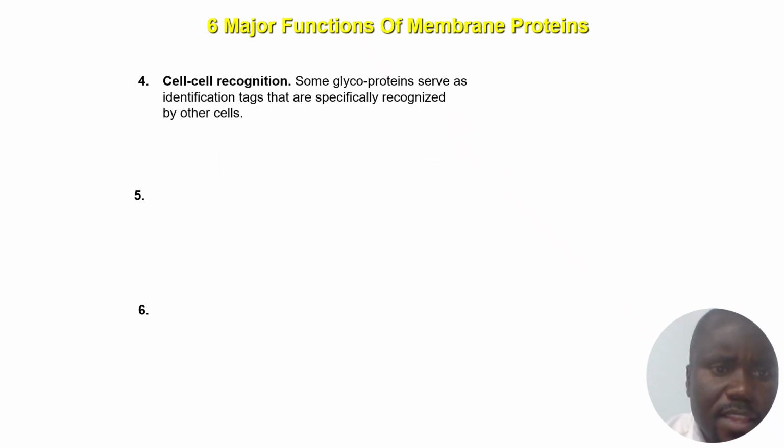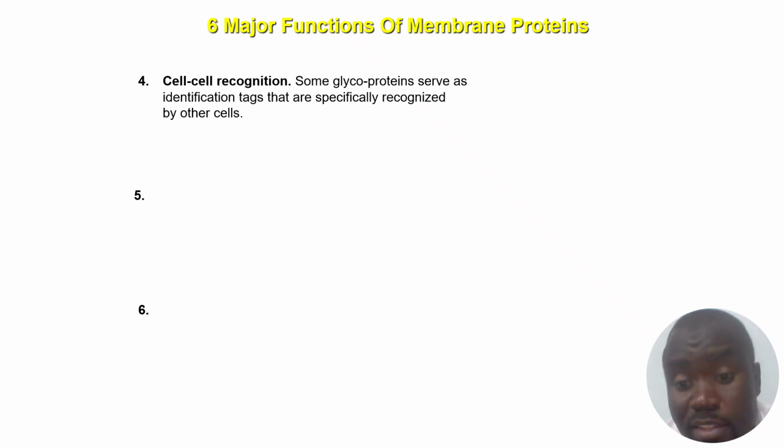And then we also have cell membrane proteins becoming cell-to-cell recognition structures, where some glycoproteins act as identifier tags that are specifically important to recognize other cell types.